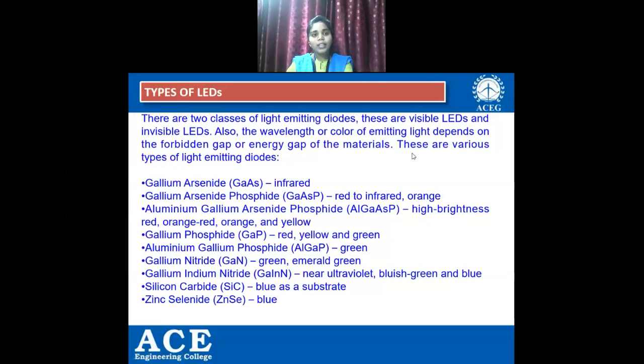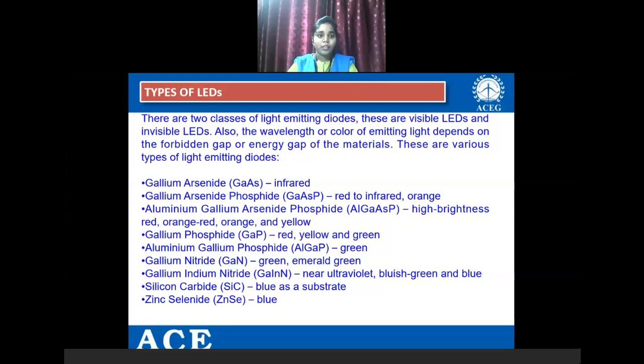Now, here are the different types of LEDs which we can see. There are two classes of light emitting diodes: visible LEDs and invisible LEDs. Also, the wavelength or color of the emitted light depends on the forbidden gap or energy gap of the materials.